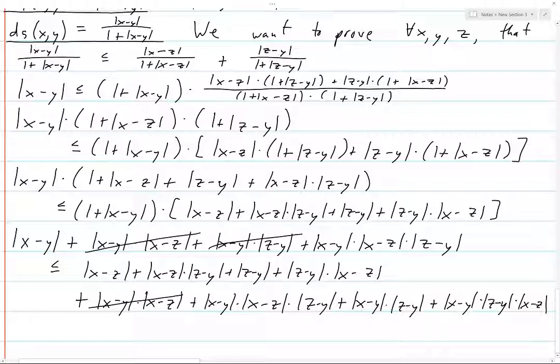But what is this? This is equal to x minus z, and now we've actually got 2 times x minus z times z minus y. So we've got x minus z plus 2 times x minus z times z minus y plus z minus y.